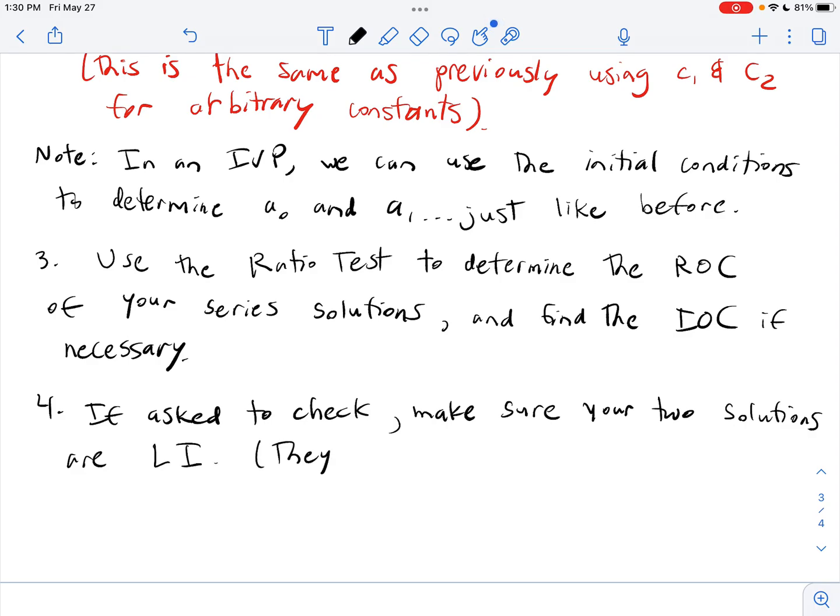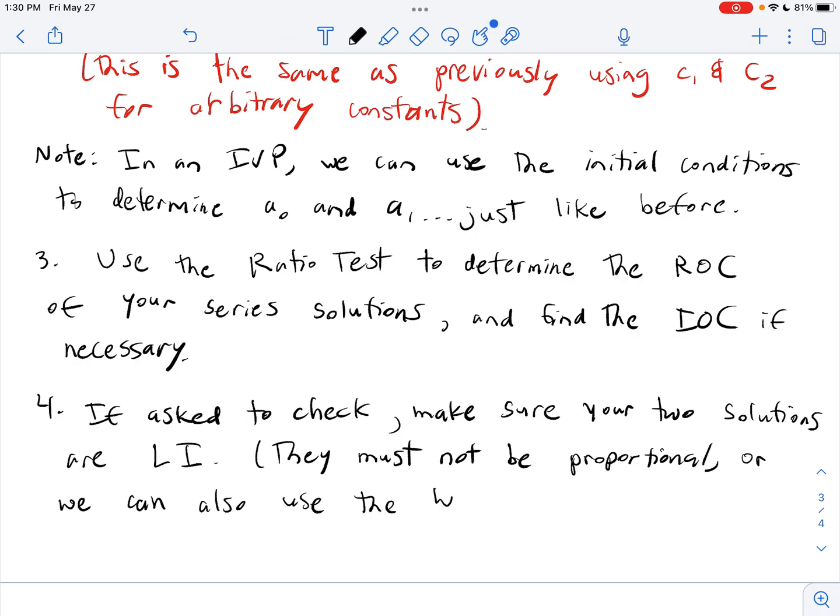And just as a tip, they must not be proportional. Or we can also use the Wronskian.